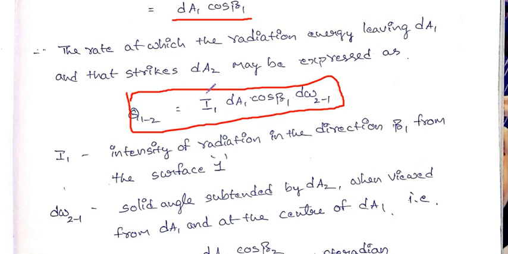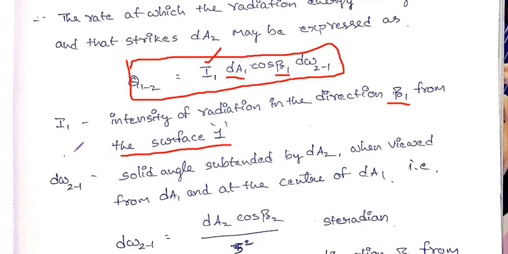Here I1 is the intensity of radiation in the direction of beta 1 from the surface 1, dA1 is the elemental area on the surface 1, beta 1 is the direction of the ray emitted from the surface 1, d omega 21 is the solid angle subtended by the elemental area dA2 when viewed from dA1.